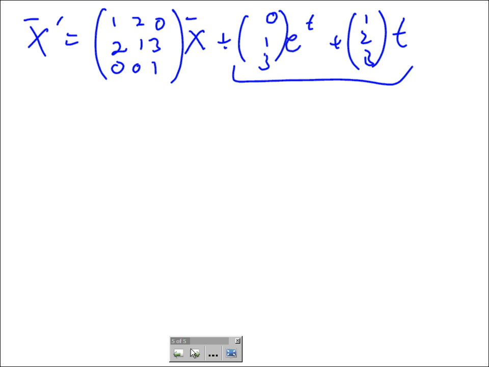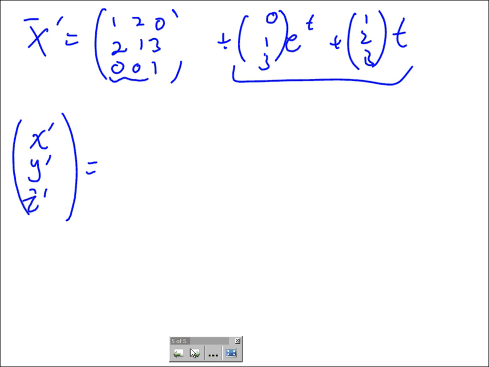So x bar prime, that means x prime, y prime, z prime, is equal to this times, to save a little space, that times x, y, z, which is 1x plus 2y plus 0z, which I won't write.